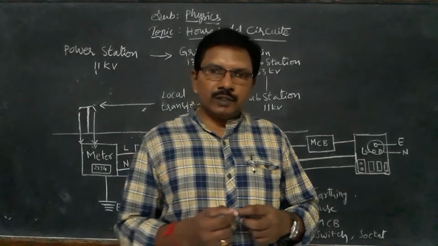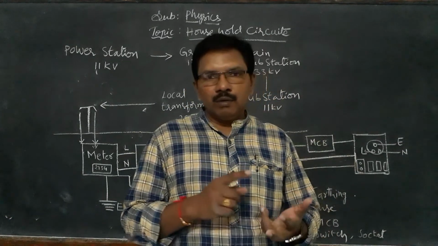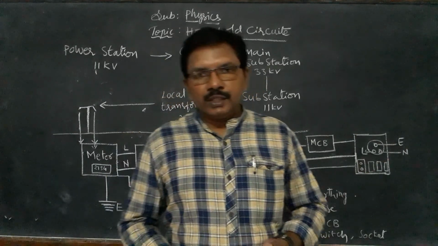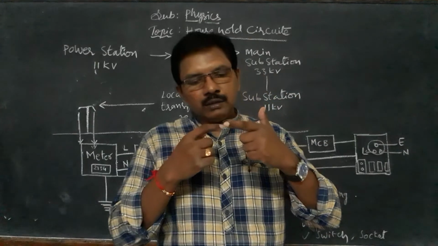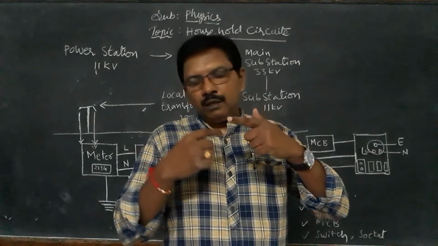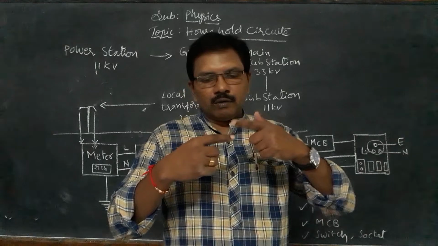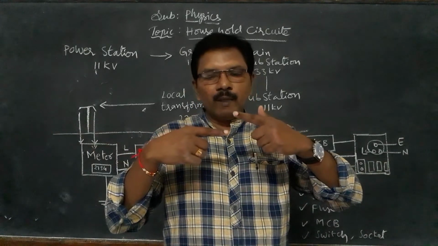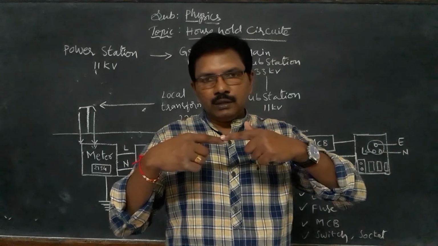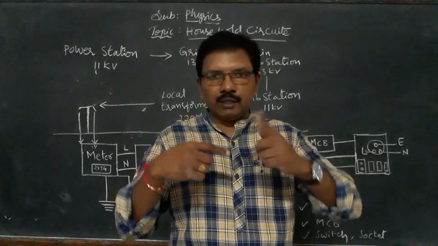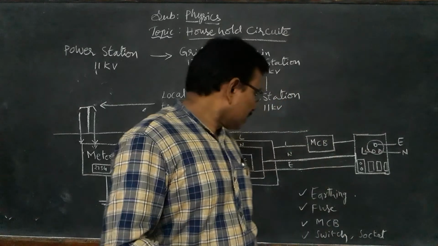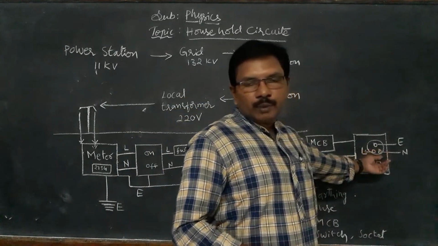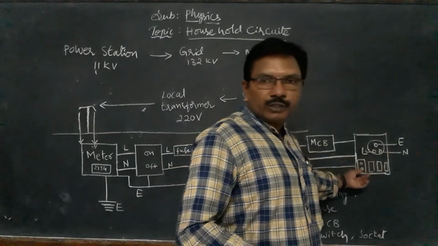So we can connect switches for all appliances: bulb, TV, motor, fridge, fan, all. For all of them we connect the live wire and neutral wire. When we operate the switch, the live wire connection is connected or disconnected. The switch is for that. And these are called sockets: 3-hole sockets and 2-hole sockets.